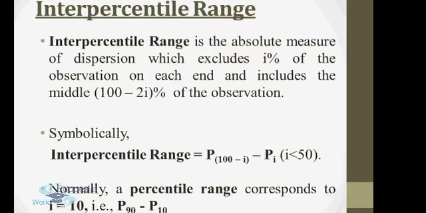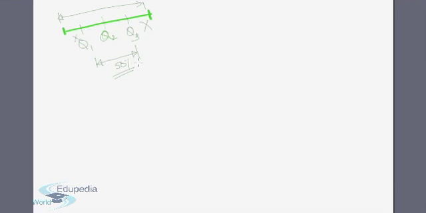Similarly, we can also develop the percentile deviation in the same manner, starting with interpercentile range, which is the absolute measure of dispersion, and this excludes i% of the observation on each end and includes the remaining 100 minus 2i% of the observation from the middle. To understand this, let's say we have data starting from, let's say, 0 to 100.